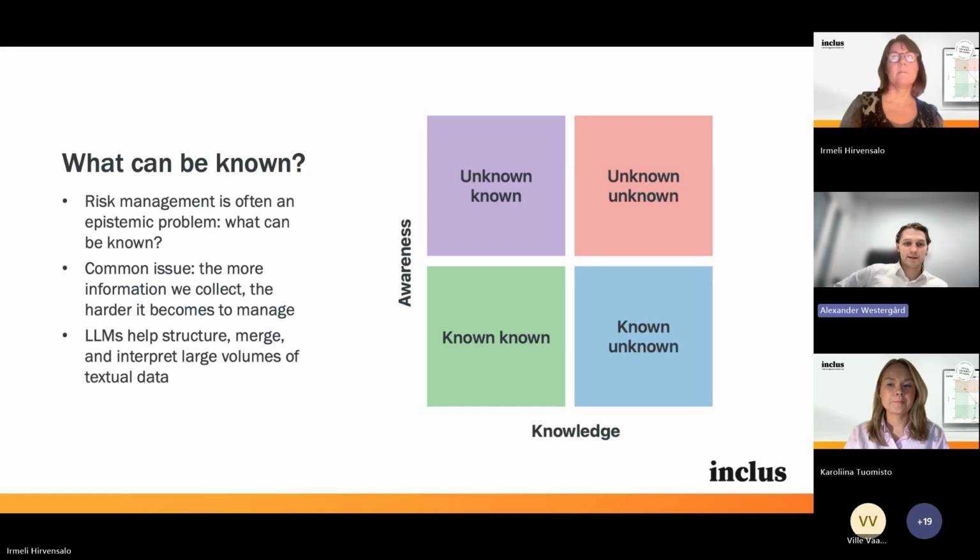One of the biggest issues in risk management is that at the end we want to tackle the risk somehow. But before we can tackle any risk, we have to identify what the risks are. So risk management is, I would say, an epistemic problem. It's a problem of what can be known.